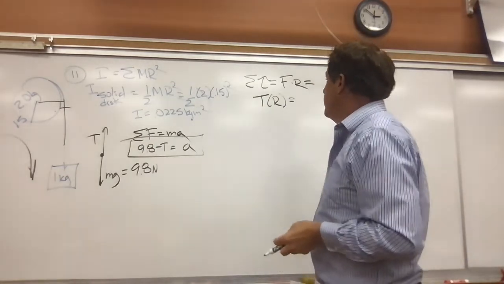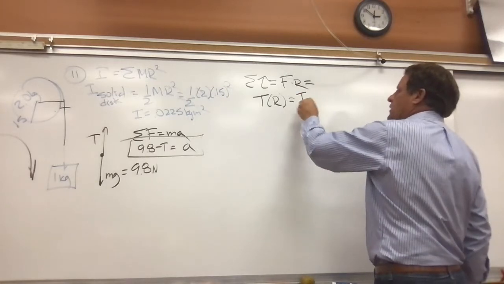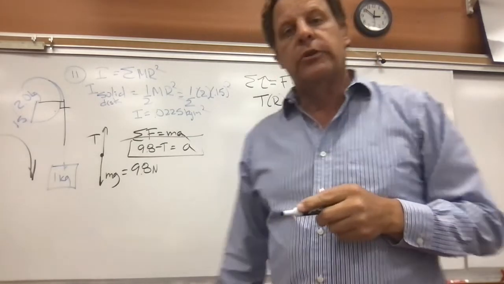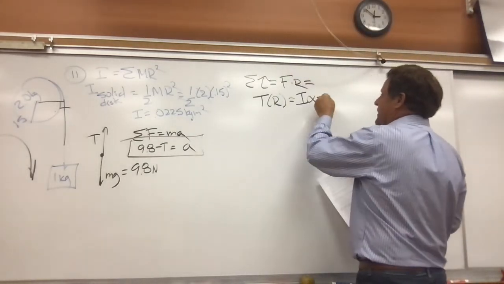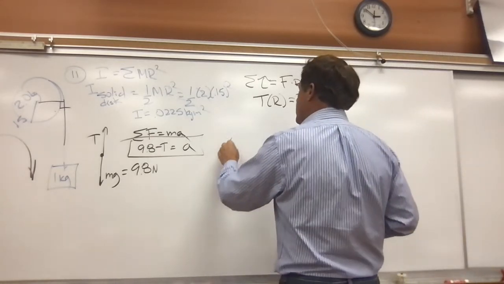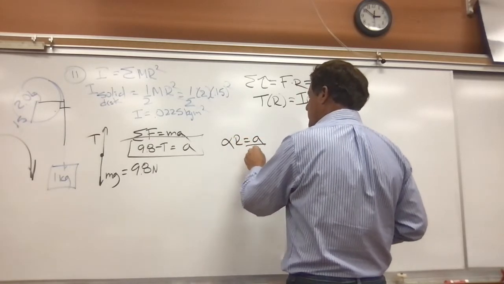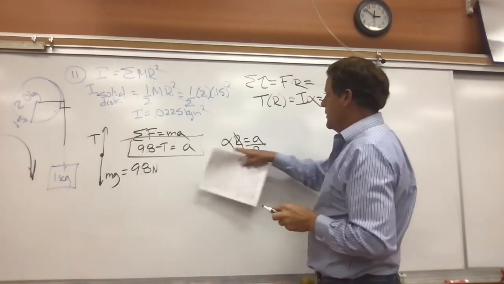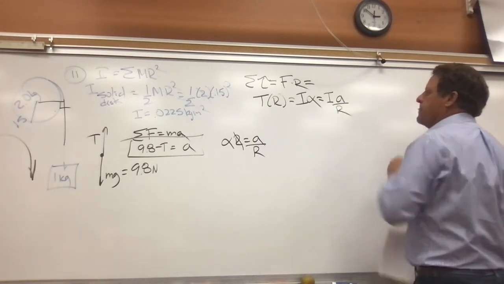Now, you may remember that this torque is also going to be equal to I alpha. And alpha, since R alpha is equal to acceleration, is going to be A over R, so we can put A over R here.